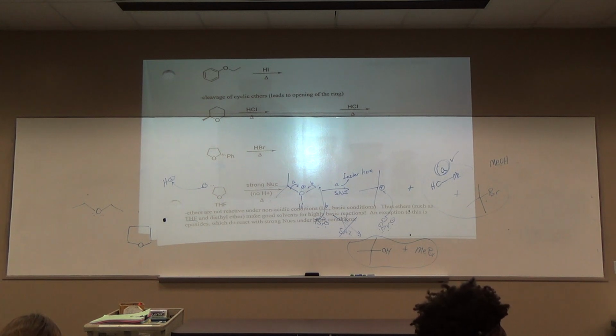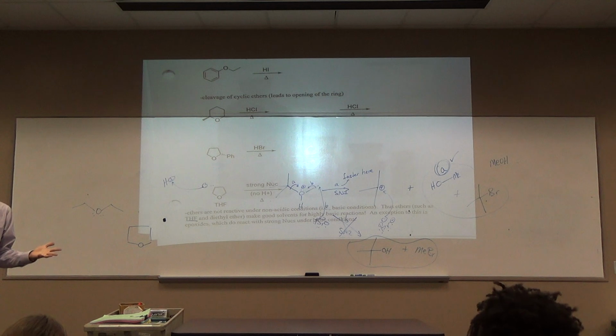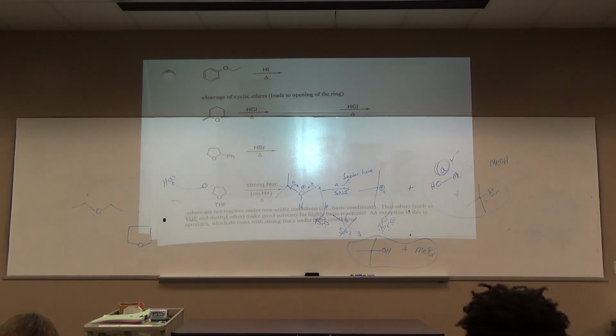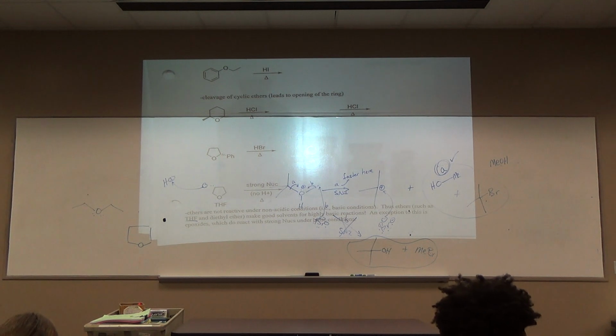See, with ether, you use it for TLC, and before you even start, it's evaporated. You just can't work with it. THF is a little bit more soluble, it's a better solvent. The cyclic nature makes it a little bit more potent because the ring pulls it back and exposes those lone pairs a little bit more.